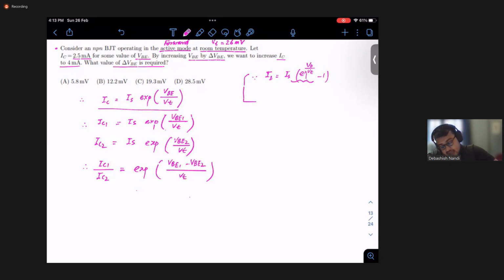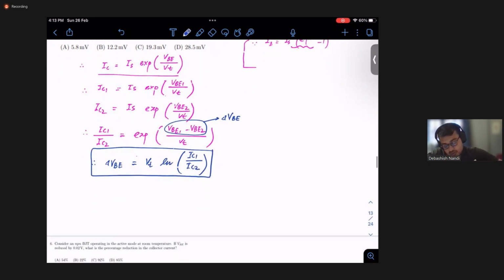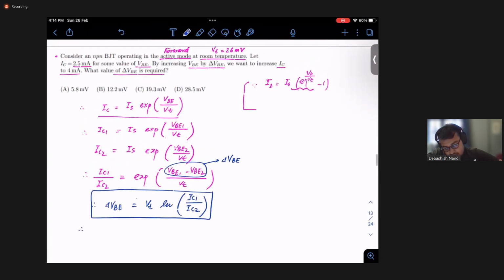So if I call this delta VBE, that means my delta VBE becomes nothing but VT natural logarithm of IC1 by IC2, right?